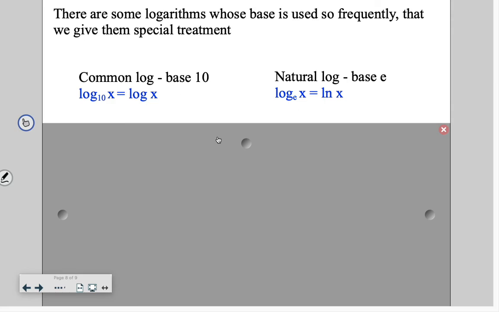So for example, let's go back to the calculator. I told you before, here are the three options. If you hit just the log button on the calculator, what base am I dealing with? This is base 10. If there's no base written, you're in base 10.